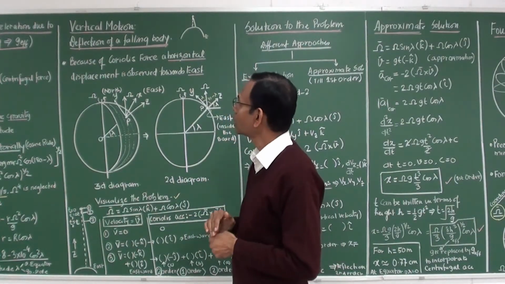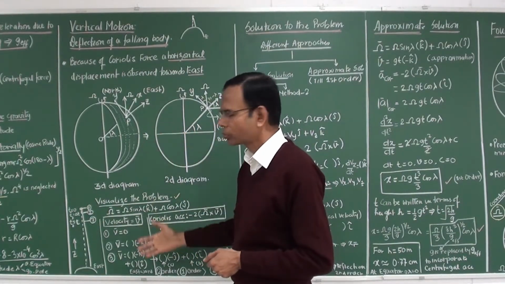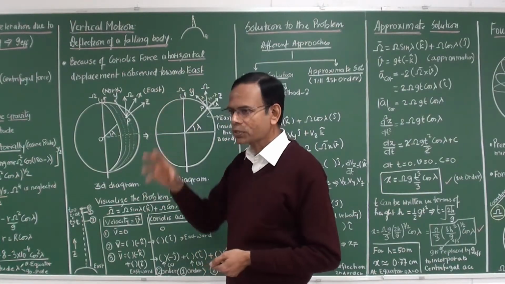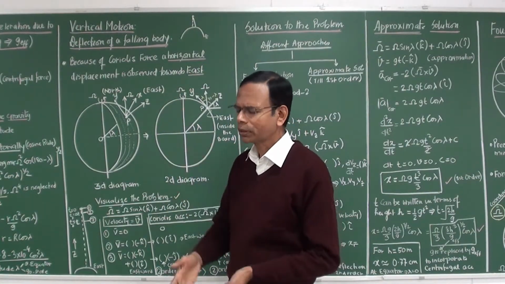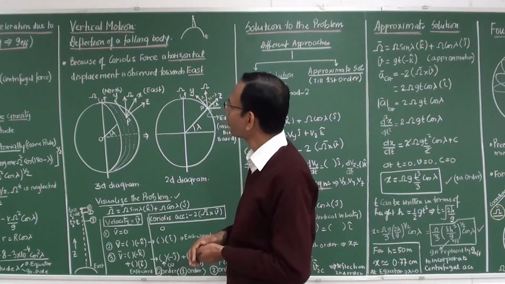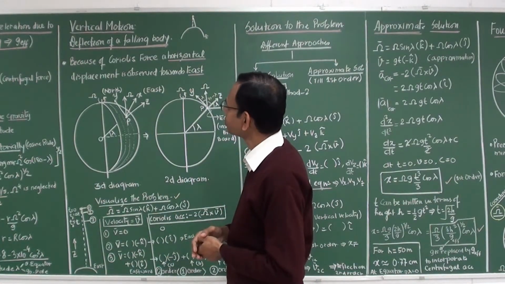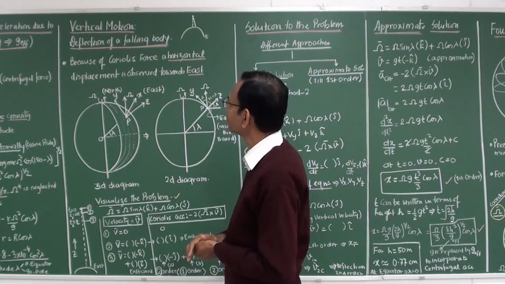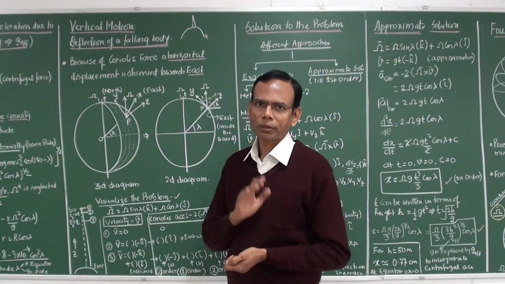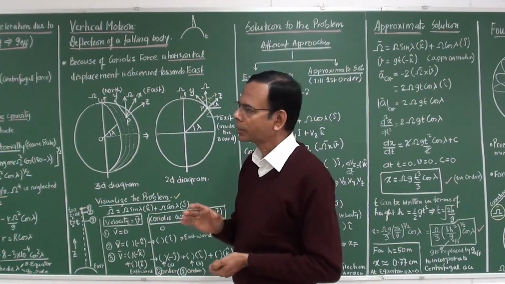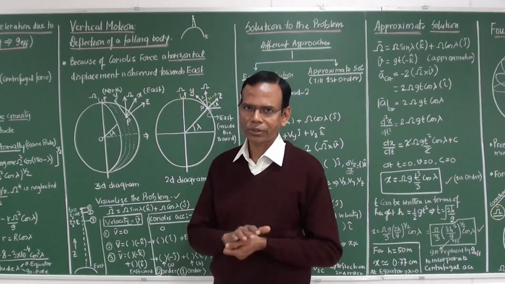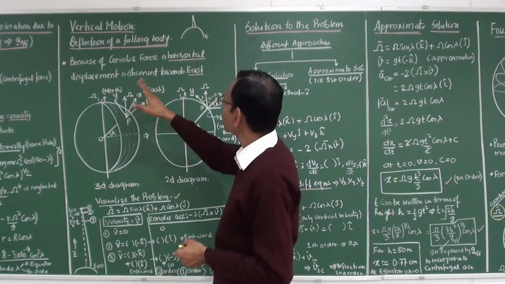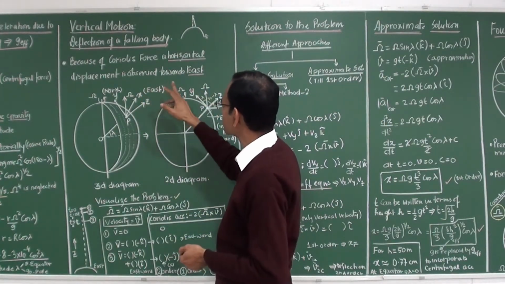It is observed, and through calculations and mathematics we will also see, that a body falling straight under gravity, where the main force is gravity, that is the weight, is deflected towards the east direction. So because of Coriolis force, a horizontal displacement is observed towards the east.